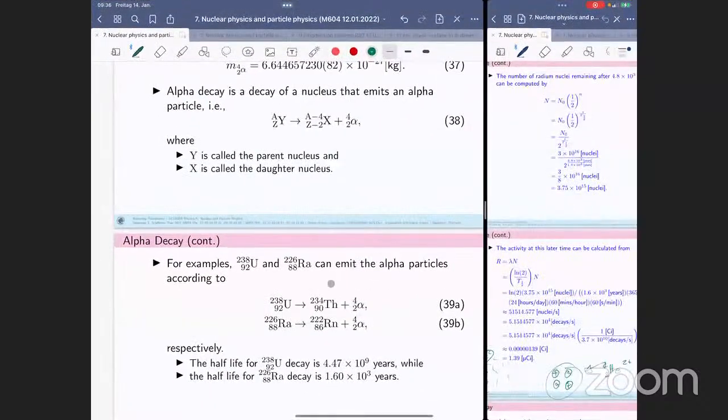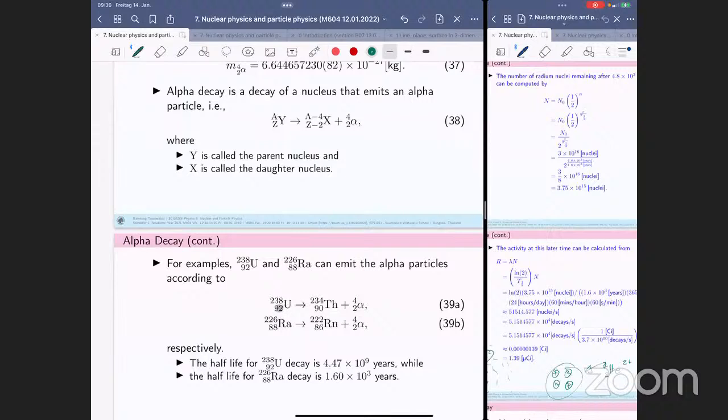Those are the 2 possible processes in nature. We start from uranium-238, an isotope of uranium, and the specific number for uranium is 92. You cannot have any other number than 92, otherwise you get a different element.